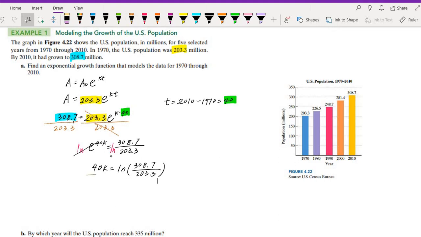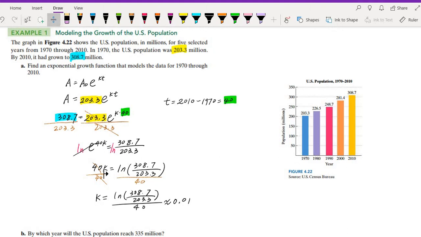To solve for k, we just divide both sides by 40, and they're going to cancel out. So my final answer is k equal to natural log 308.7 over 203.3, over 40. We plug this whole thing inside the calculator, and we're going to get around 0.01. That is our k.